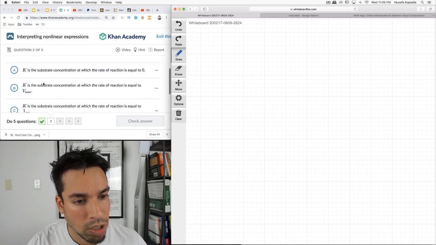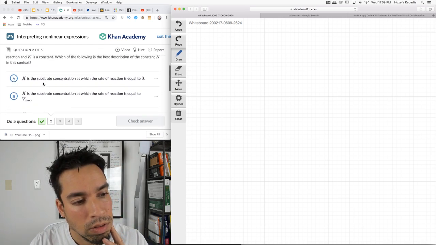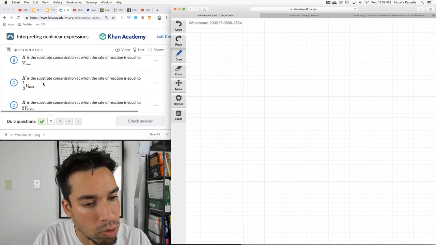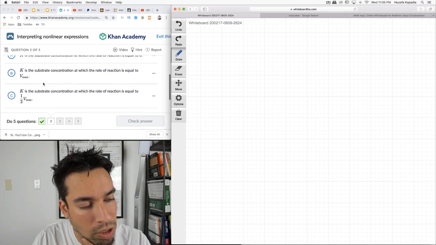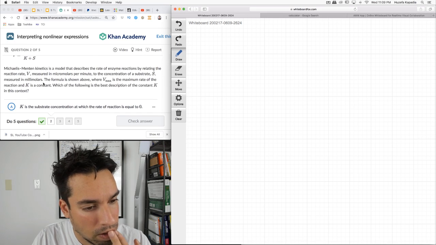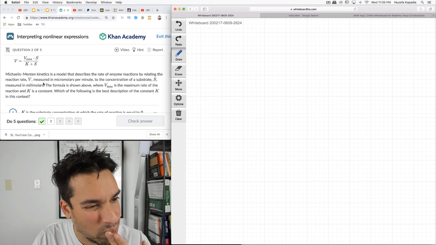Here's the substrate concentration at which the reaction rate is equal to 0. Oh, I see. So it's some substrate concentration. This is more specific. At which the rate of the reaction is equal to 2 V max. At which the reaction is equal to 0. Let me think about that.